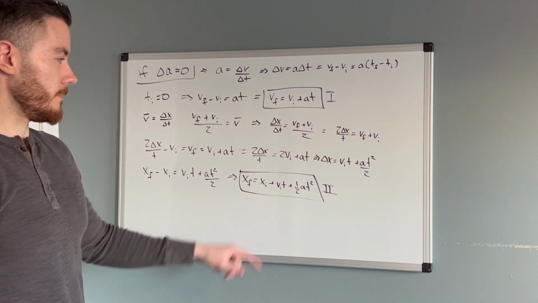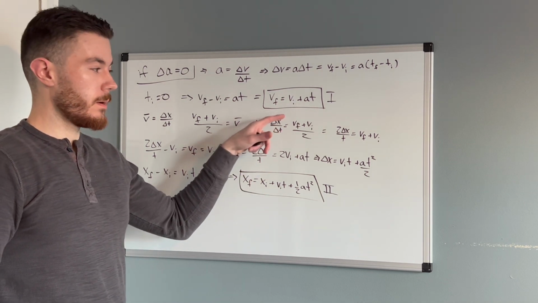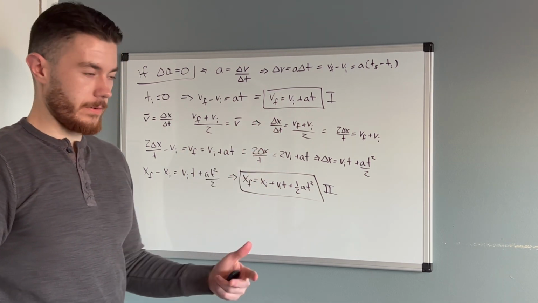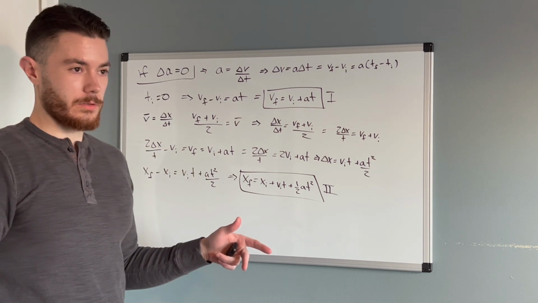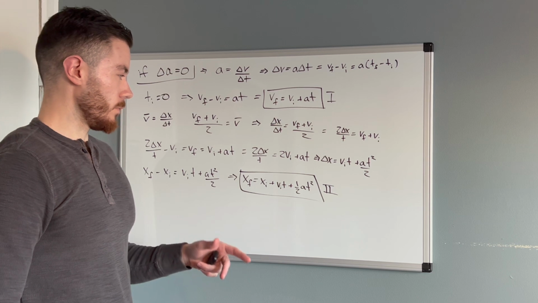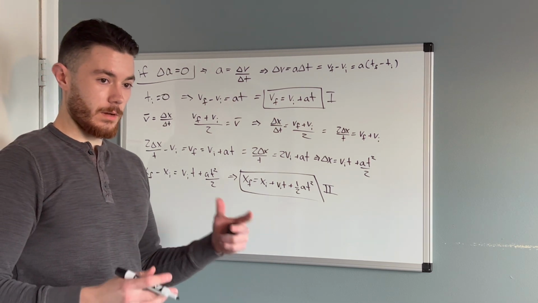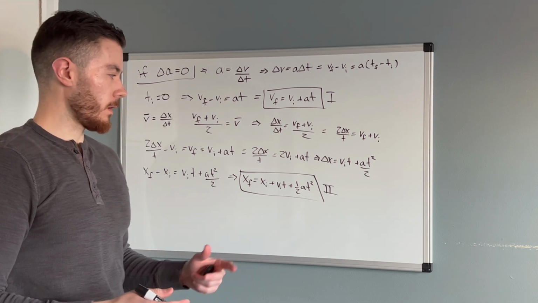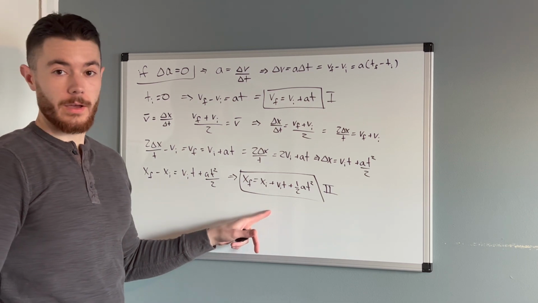First, second. We got the second using the first plus another bit of information, the definition of the average, and it also being equal to delta x over delta t. We use that combined with the fact that the average is defined as the sum of the velocities divided by the number, and combined with the first kinematic equation, we were able to derive the second one.